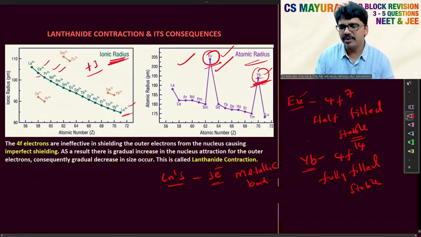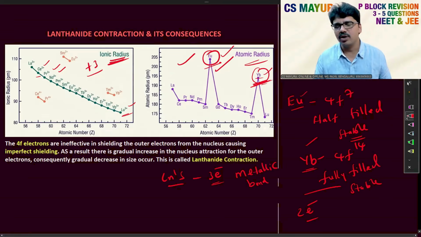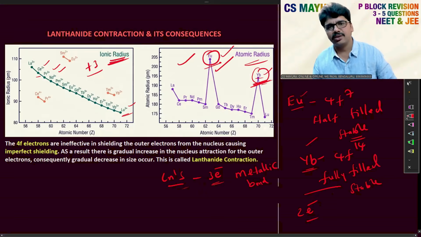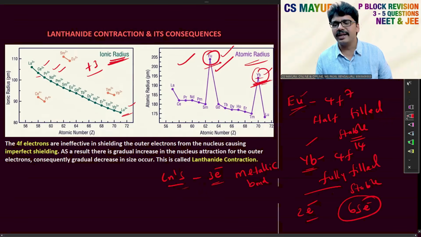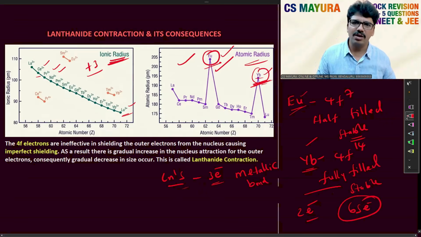In the case of europium and ytterbium, only 2 electrons participate in the metallic bonding. So why only 2 electrons? In other lanthanides, 2 s electrons and 1 f electron participate. But in europium and ytterbium, only the 6s electrons, 2 electrons, participate in the metallic bond formation.